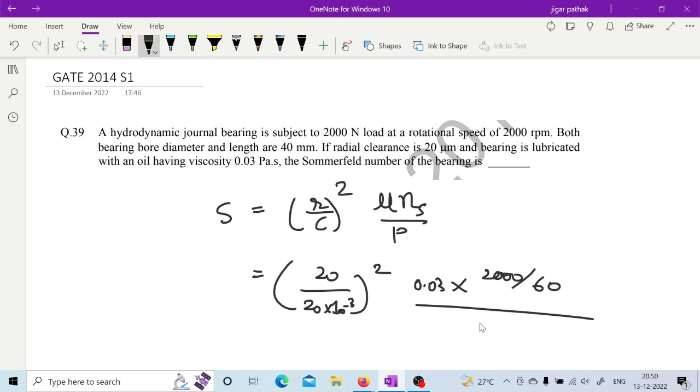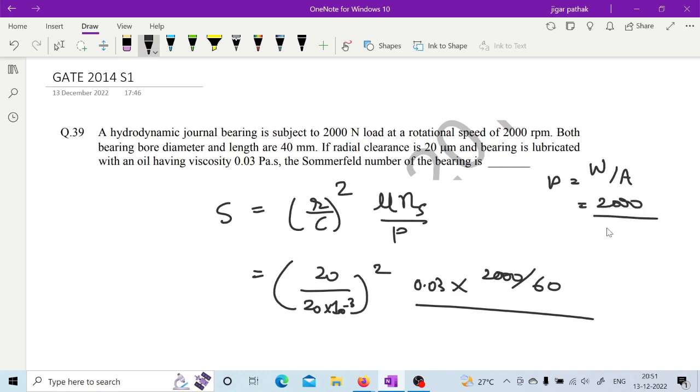And this bearing pressure, actually you need to calculate. P is equal to, Sir, answer is 0.8. Yes, correct. So you need to calculate this P, the bearing pressure, that is W by A, where W is given as 2000 Newton.